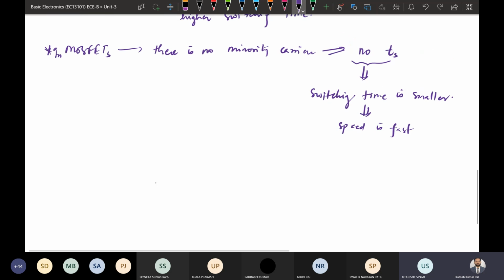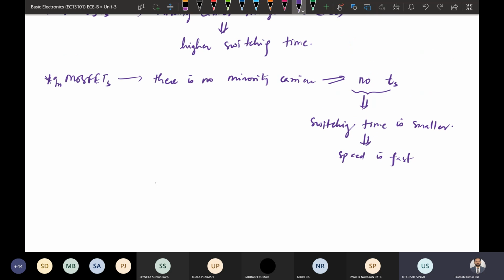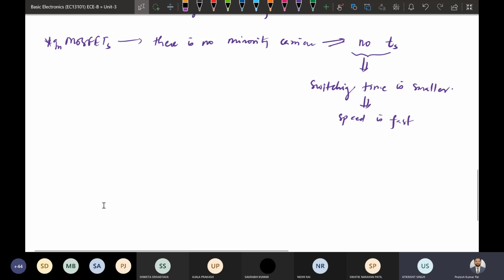So we are going to compare the MOSFETs with the BJT. From the switching time, we can consider that MOSFET is relatively more suitable for high frequency applications. So if we are going to operate the device, either MOSFET or BJT, in high frequency applications, then MOSFETs will be preferred.